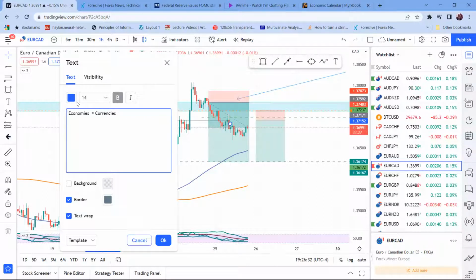That being said, we could actually look at the strength between each, right? So the strength between cross pairs, right?